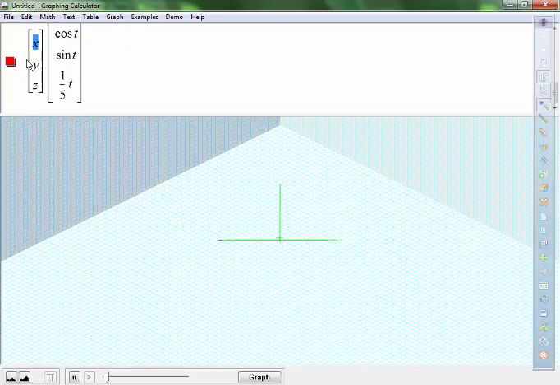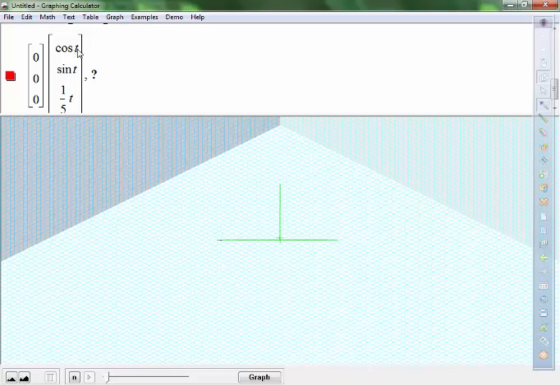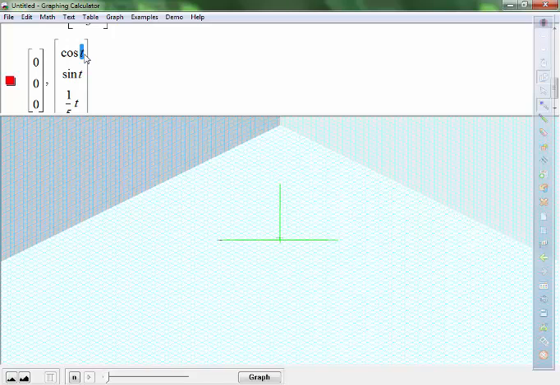But what I'm going to do is take a look at my position function, the r function, with the cosine, the sine, right, and then the 1/5 t. And I'm going to use a slider.